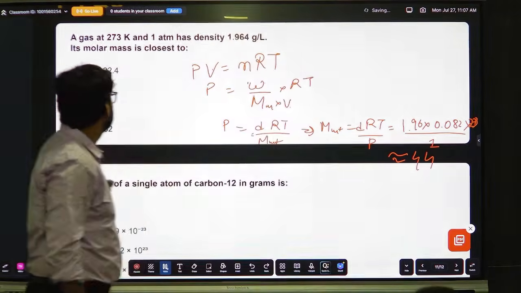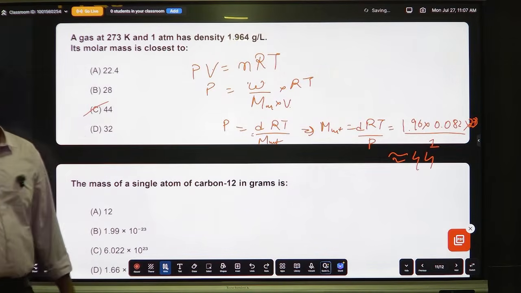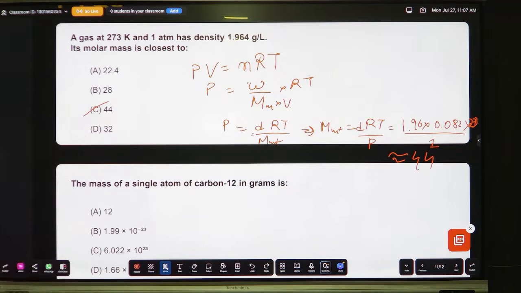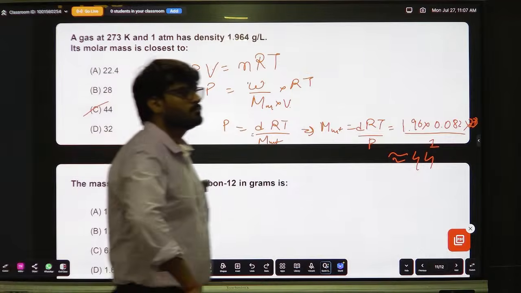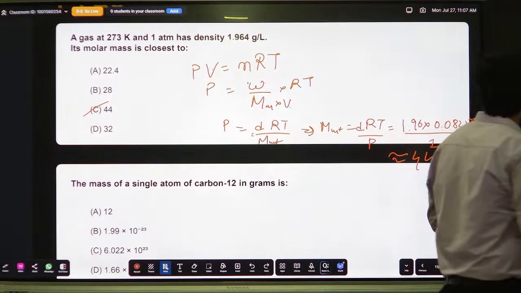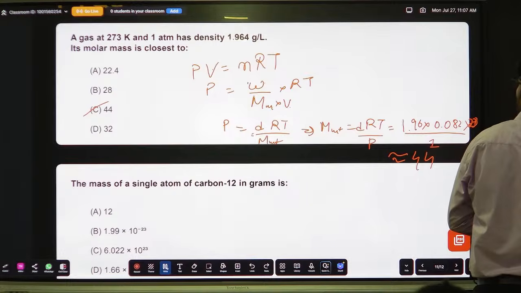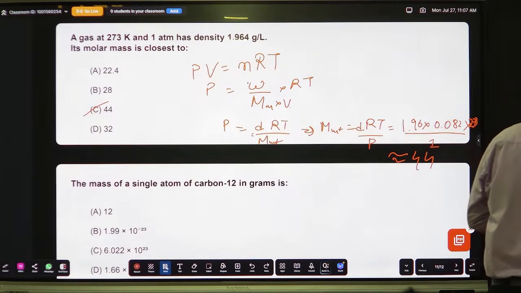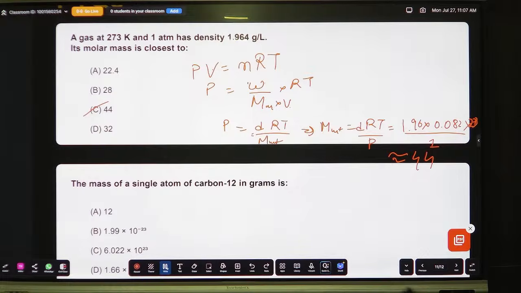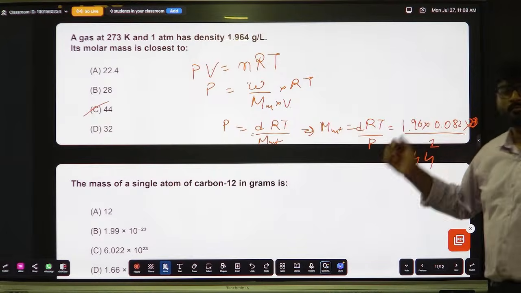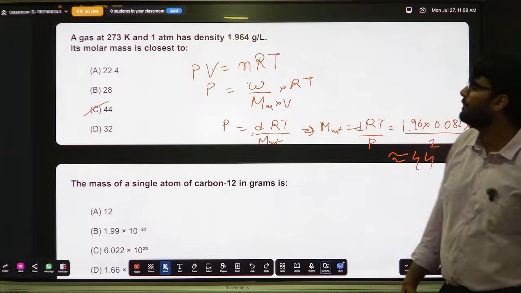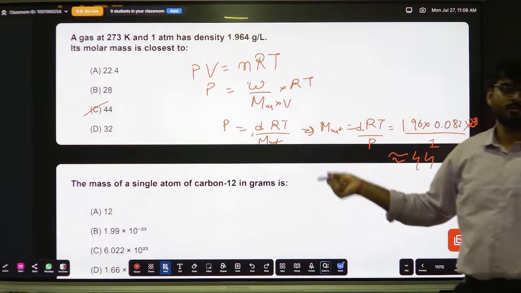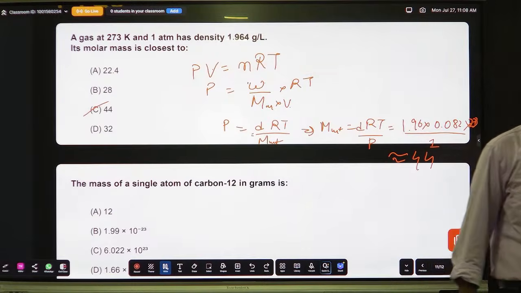You are getting 44. Because it is actually STP only. 273 Kelvin is what? 0 degree Celsius, right? And pressure is 1 atm. It is STP actually, but this is just to ensure that we don't get any wrong answer.